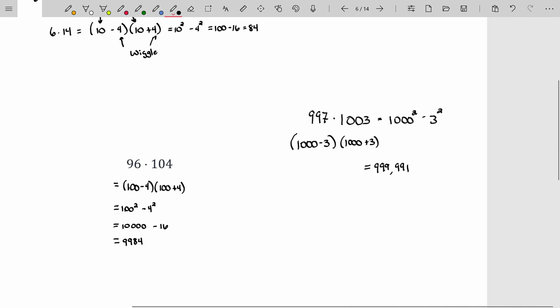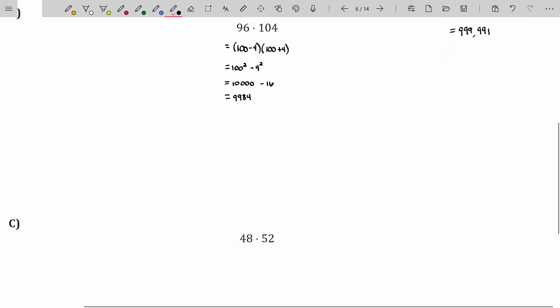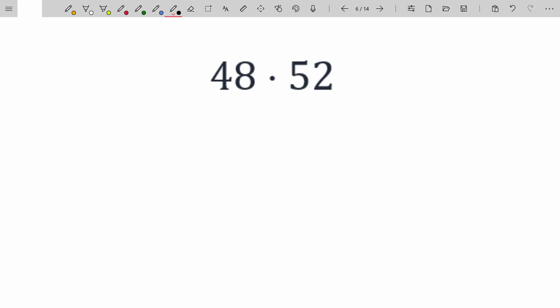Very, very nice trick. But what if you don't deal with 100s? What if you're centered at something that's not so nice, right? Well, if you're centering at, let's say, a 37 or a 73 or something like that, then you might as well just grab a calculator, because unless you know what 73 is squared, then I wouldn't bother.